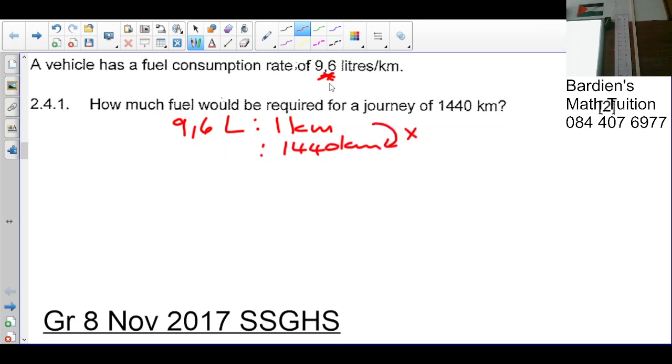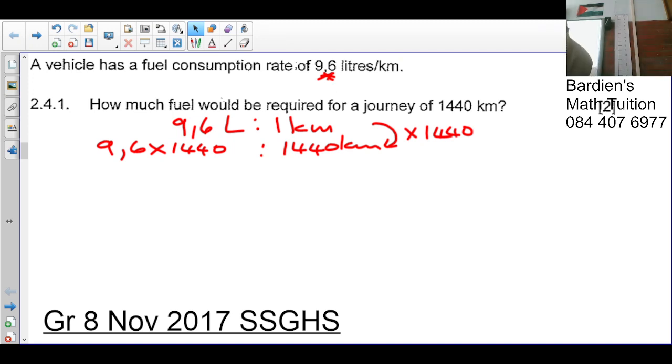You multiply that by 1,440. In the ratios we multiply or divide. We don't add and subtract. Of course, you guys are not using calculators, so that's why we didn't do this section. Okay, so 9.6 times 1,440 gives you 13,824.